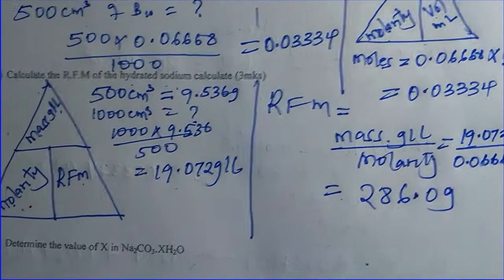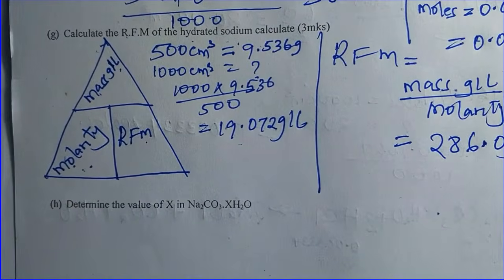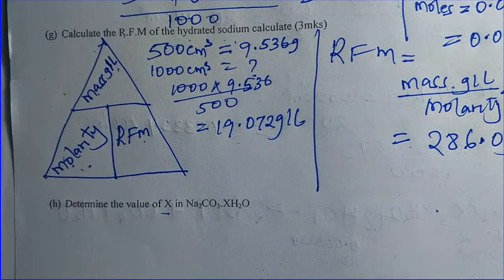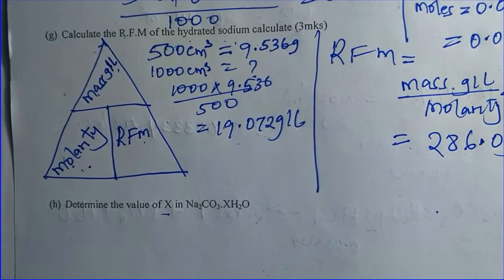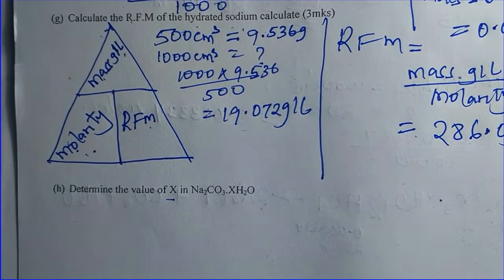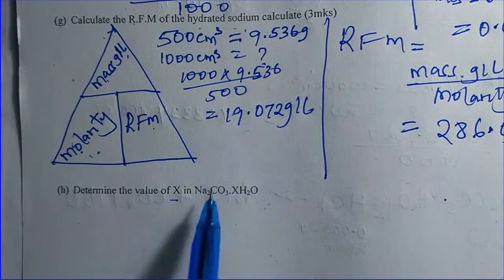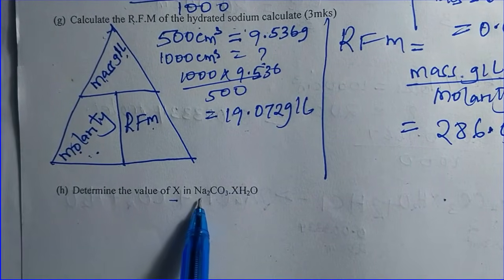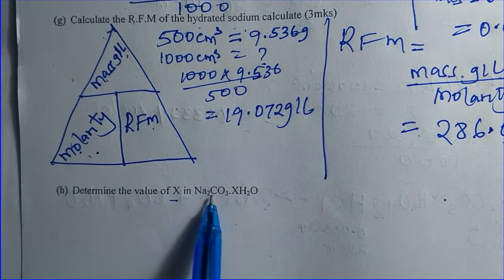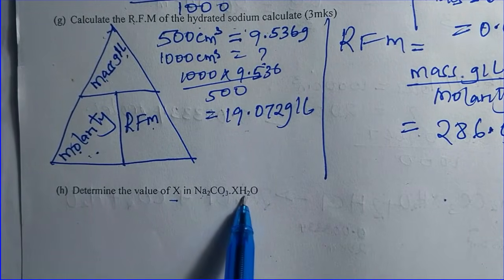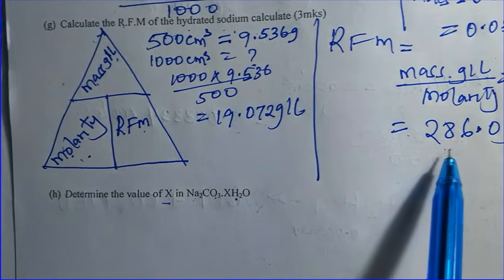Alright. The next thing is to determine the value of X in the salt. When you add the RAM of sodium, carbon, oxygen, and water, you will get the total.